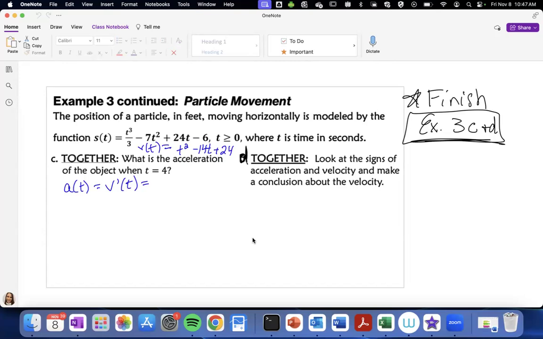I know that acceleration is the derivative of velocity. We found velocity in part B, I think. All right. So all I need to do is take the derivative of velocity.